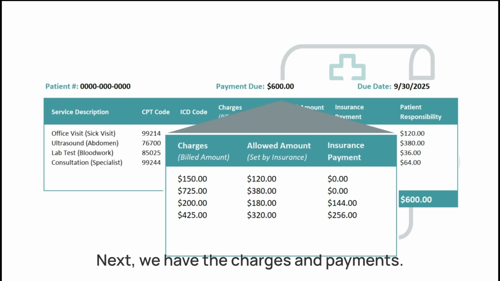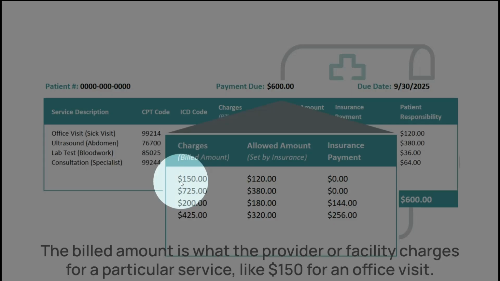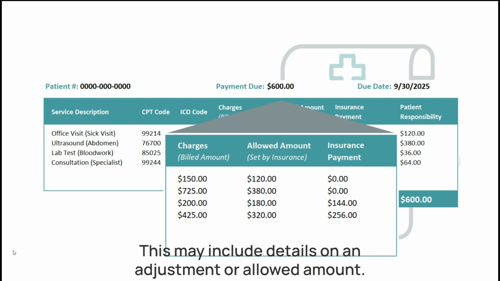Next, we have the charges and payments. The billed amount is what the provider or facility charges for a particular service, like $150 for an office visit. Then we may see additional information regarding how the insurance company processed this charge. This may include details on an adjustment or allowed amount.